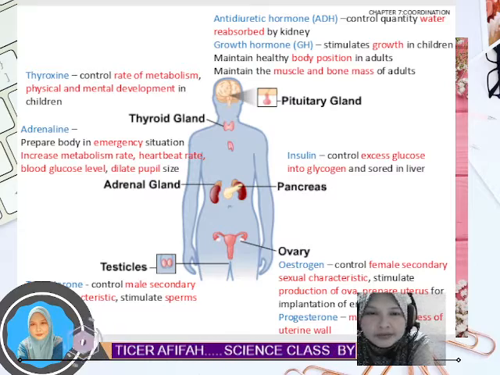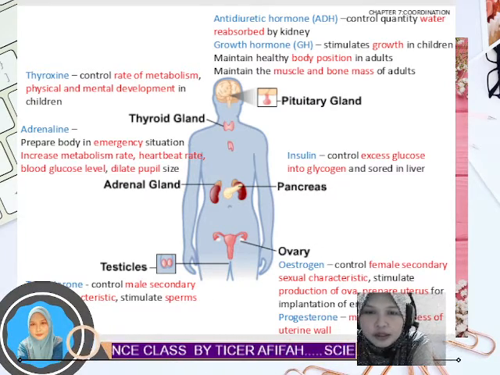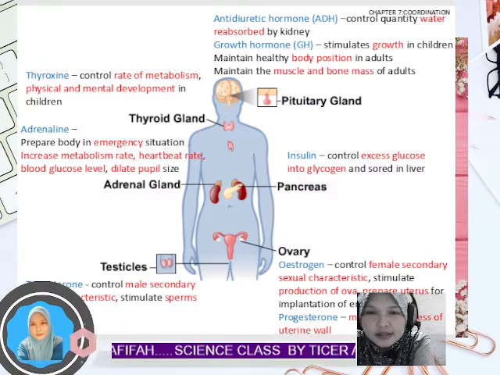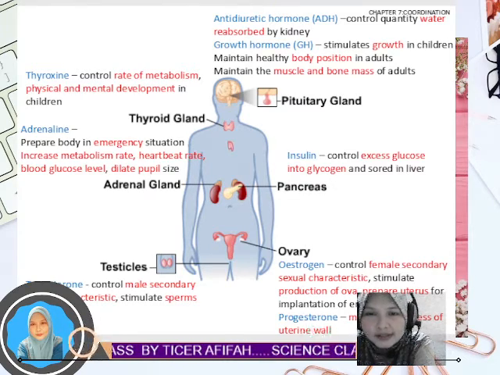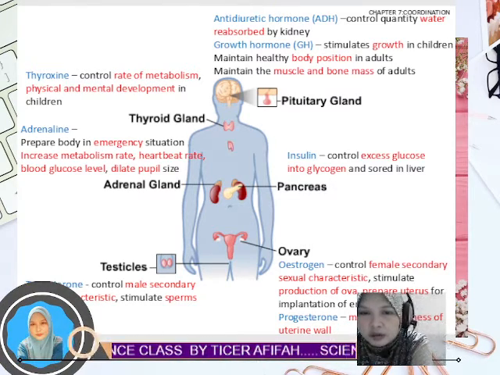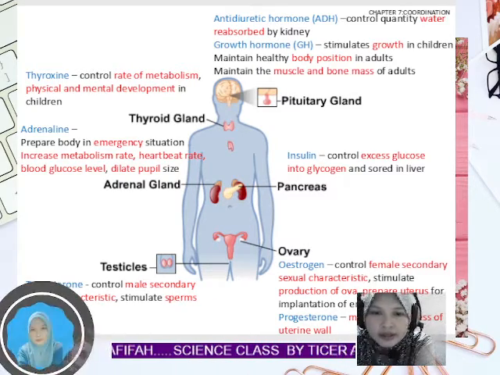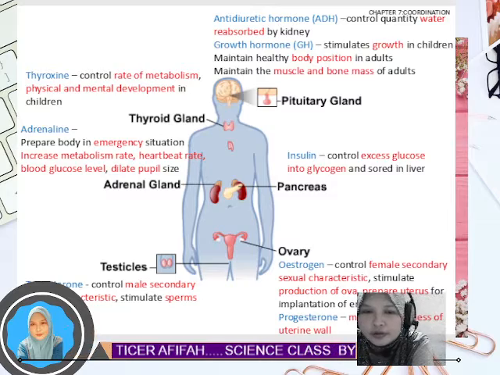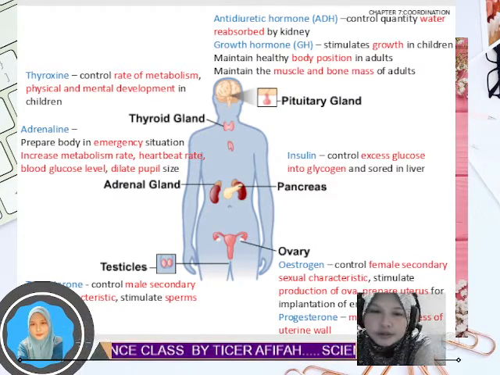Okay, the pancreas produces insulin that converts excess glucose into glycogen and stores it in the liver. Alright, we have the ovary that produces estrogen and progesterone.